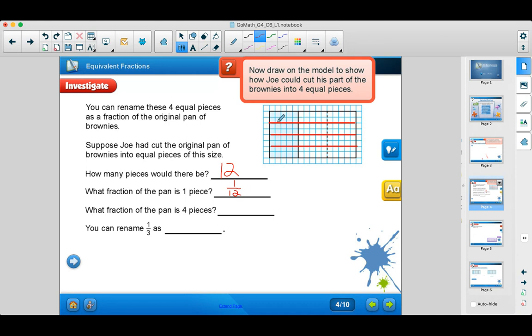So one of these pieces is 1 out of 12. What fraction of the pan is 4 pieces? 1, 2, 3, 4 is 4 twelfths. So we can say 1/3 is equivalent to 4 twelfths.